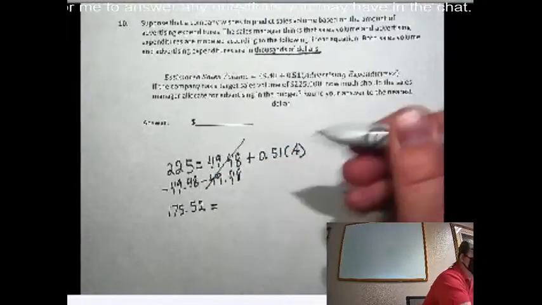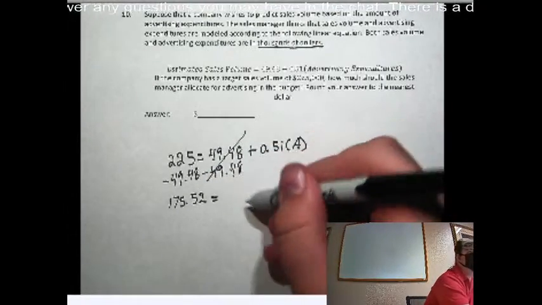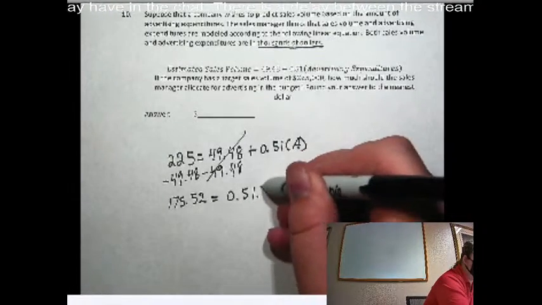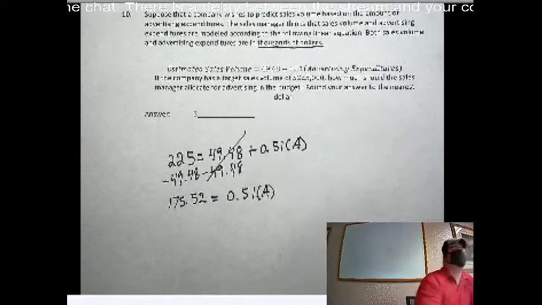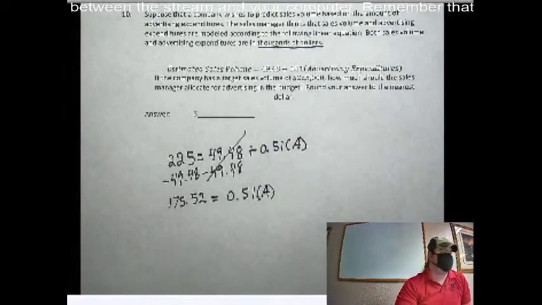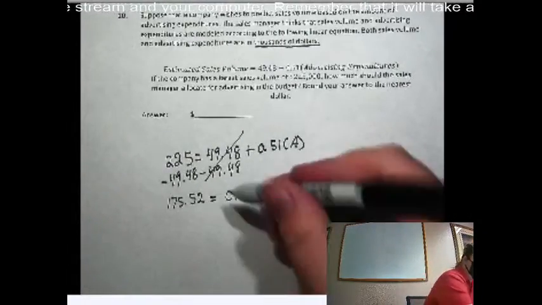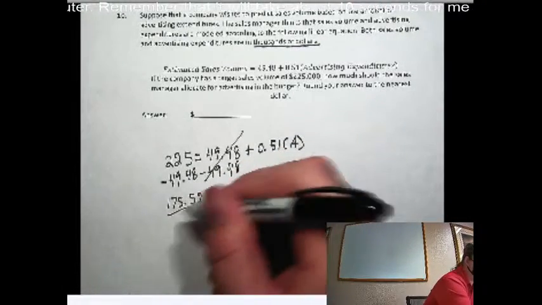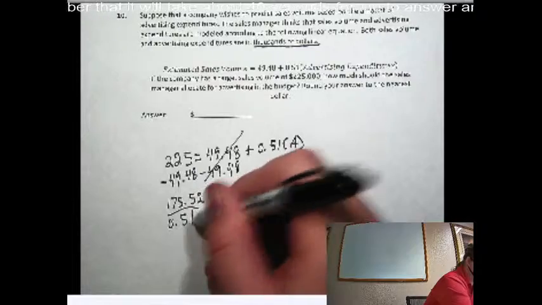Okay. Drop our other values down. Okay. Now what? Divide. Good. So we divide by 0.51 on both sides.